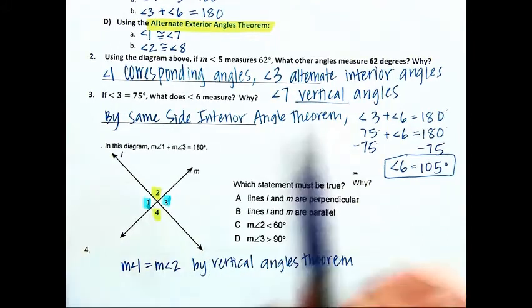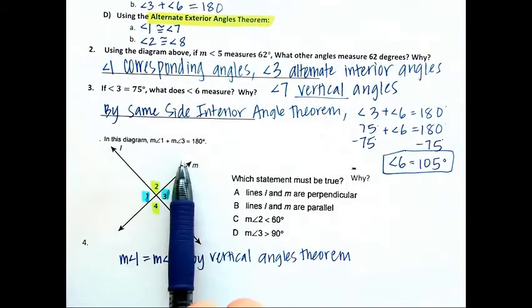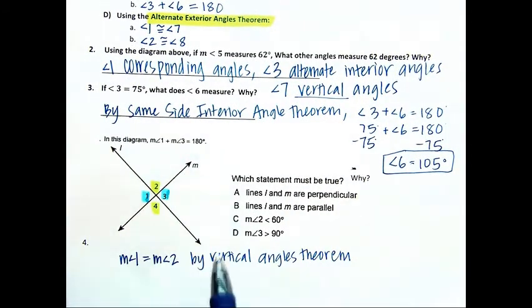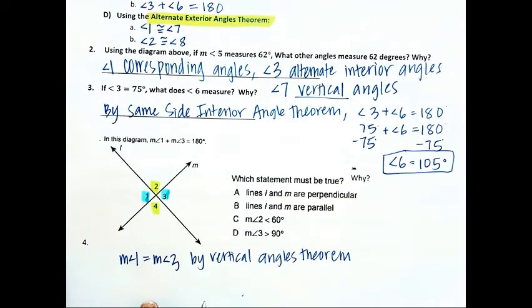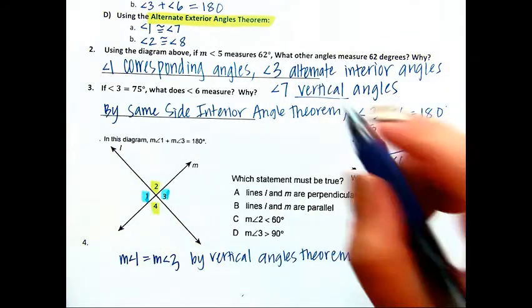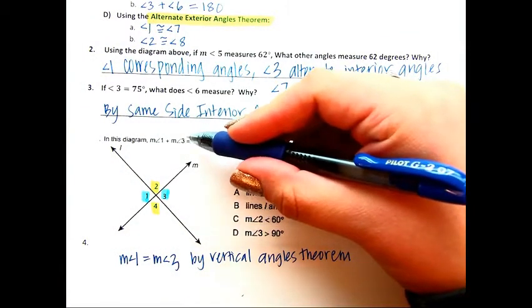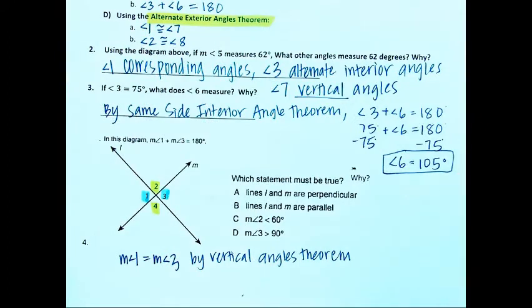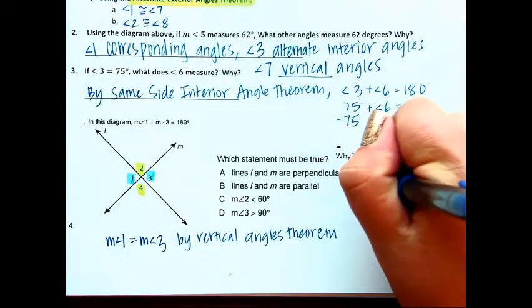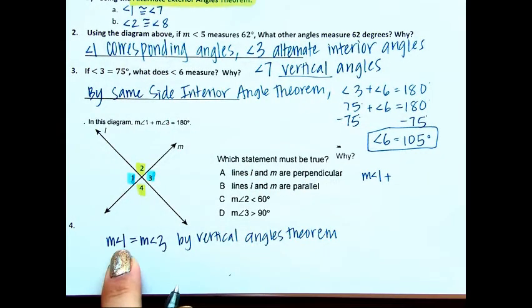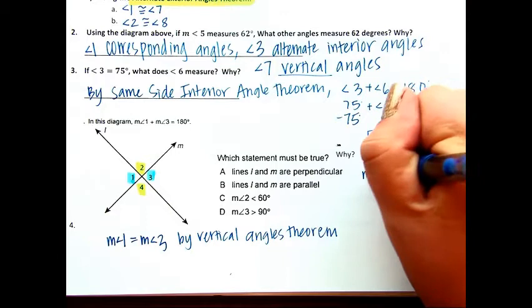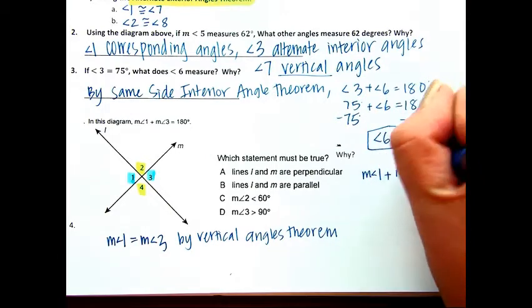In this diagram, they're telling me that angle 1 and angle 3 added together equal 180. But I understand that angle 1 and angle 3 are equal to each other, so if I do a substitution here, I can say, and I'll sketch this on the side, the measure of angle 1 plus, I'm going to replace the measure of angle 3, since I know it's equal to the measure of angle 1 by vertical angles, added together is going to equal 180 degrees.